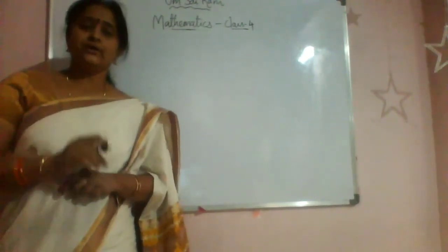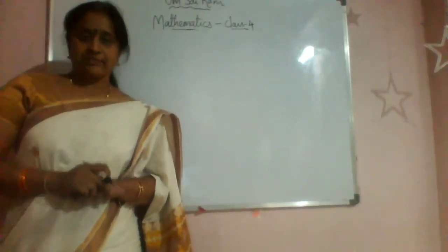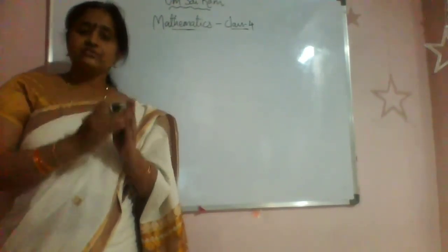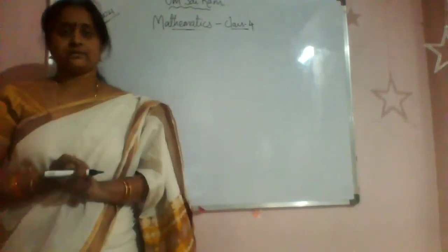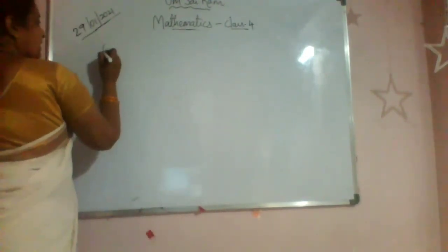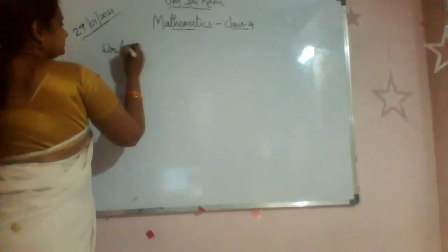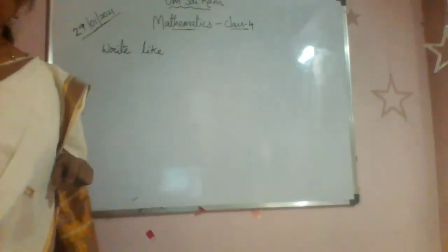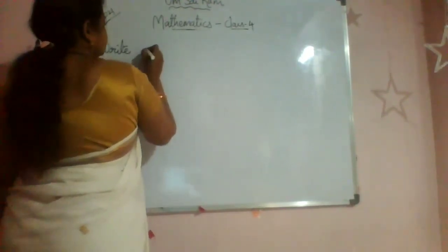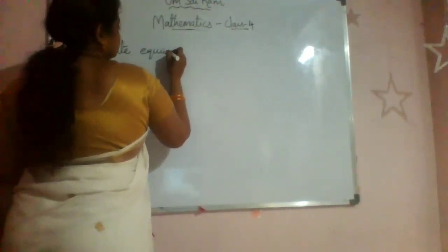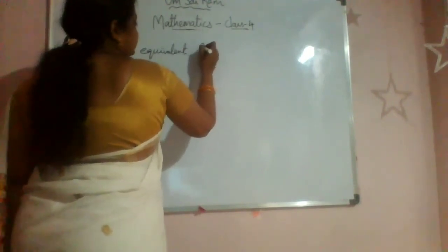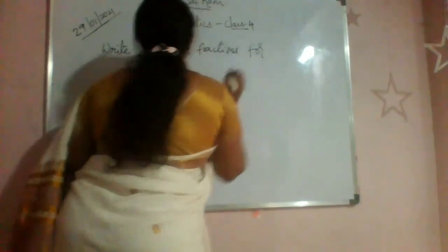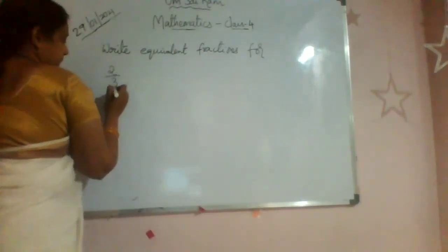In this way, we can do subtraction and addition for fractions. If you want to do addition or subtraction, first we have to convert them into like fractions. Now, write equivalent fractions for 2 by 3.